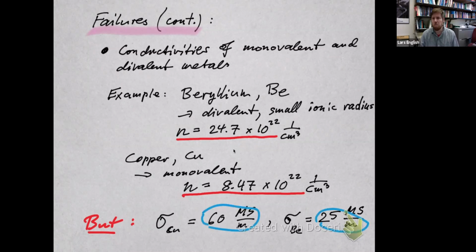We'll come back to this point and try to see why copper is nonetheless such a good conductor compared to beryllium. And so we have to shift into the quantum mechanical picture if we want to understand that.